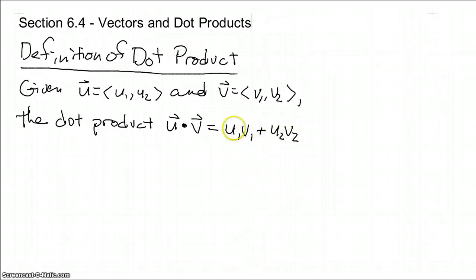So notice we're multiplying the two x components and we're multiplying the two y components, and then we're simply going to add them up.